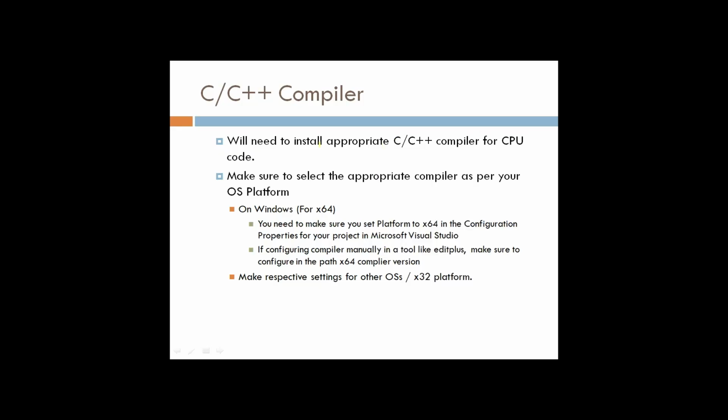So we should have an appropriate C++ compiler for our CPU code. We should select the appropriate compiler as per our OS platform. For example, our machine can be an x64 or x32 platform. Accordingly, we should select the 64-bit version of the compiler or the 32-bit version of the compiler.